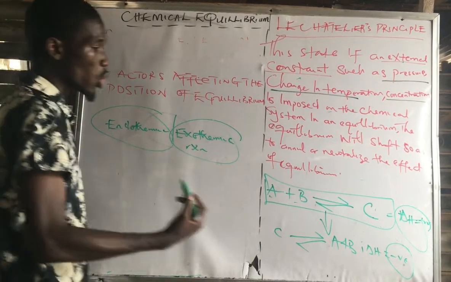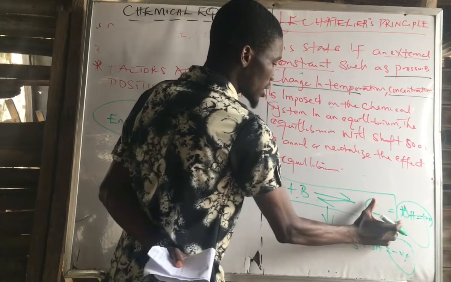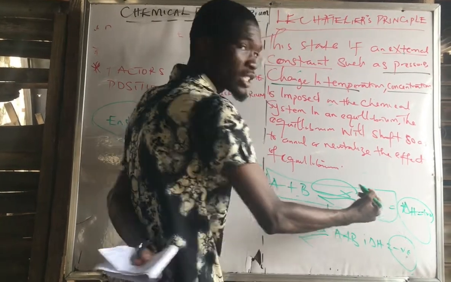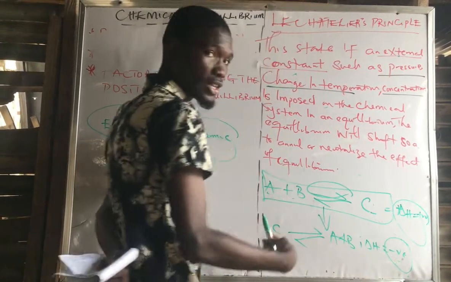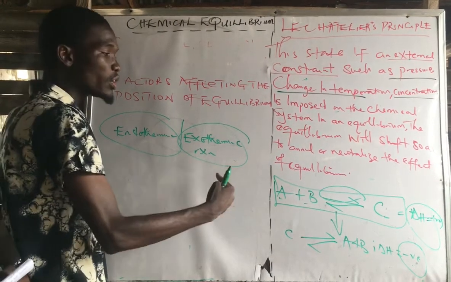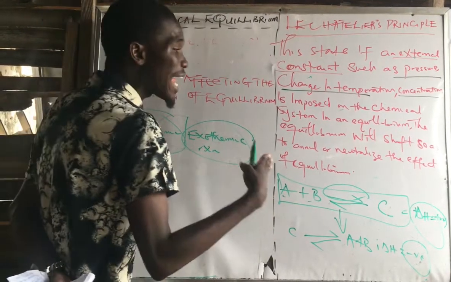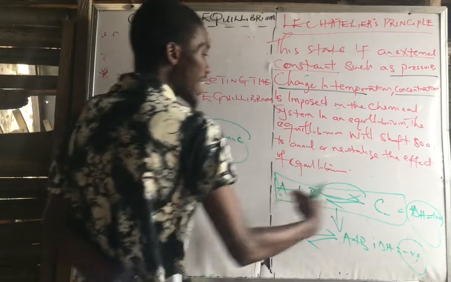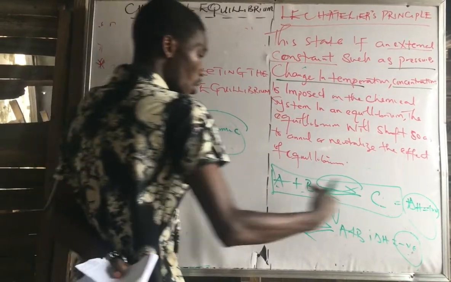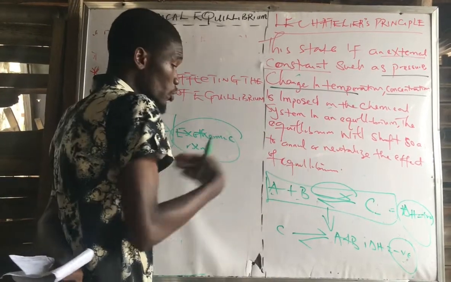If it is positive, the effect of Le Chatelier's principle is that it favors the forward reaction of an endothermic reaction, and if it is negative, it will favor the forward reaction of an exothermic reaction. So you can see that it will neutralize the effect of equilibrium to shift to either left or right. From the right hand side, which is positive, I have an endothermic reaction. From the left hand side, I have an exothermic reaction.